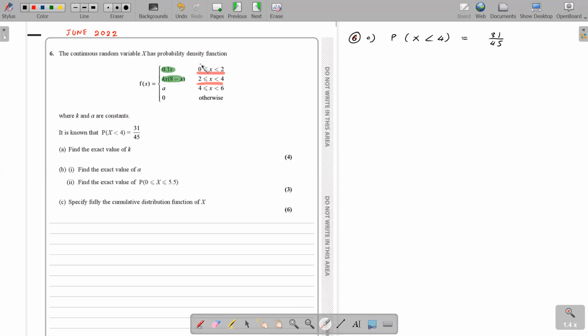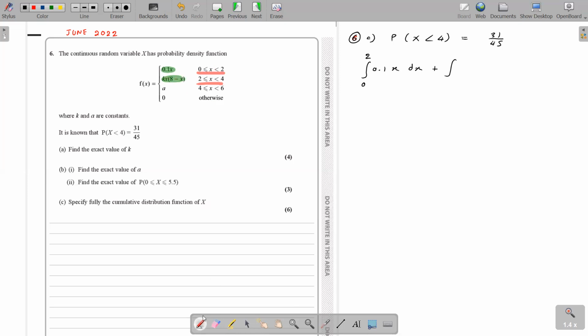So basically, if I want the probability of x less than 4, what do I need to do? The probability is the area under the curve. So this is the PDF, so you integrate your curve from 0 to 2. The PDF is 0.1x with respect to x. So that gives you the area or the probability between 0 and 2, plus, because they are separate PDFs, you have to do it separately, right?